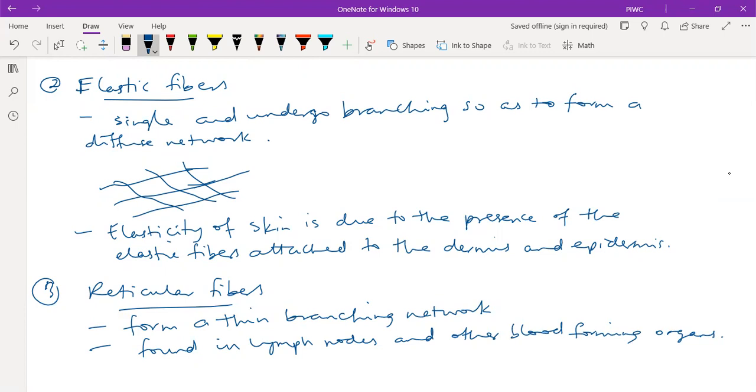Now it's believed that they usually form the preliminary stage in the formation of collagen fibers, and they are effectively demonstrated by the silver impregnation test. So you can use a silver impregnation test to detect them, especially when collagen fibers are formed.